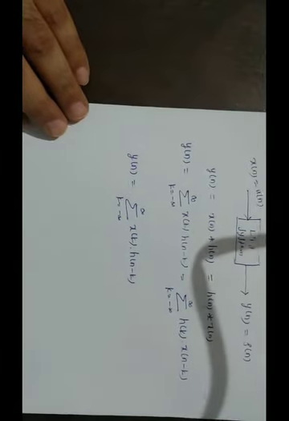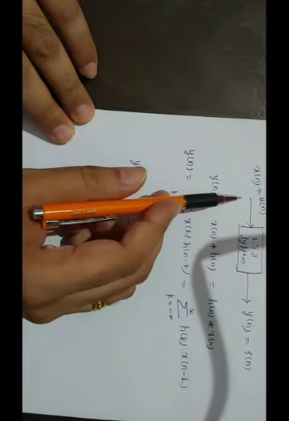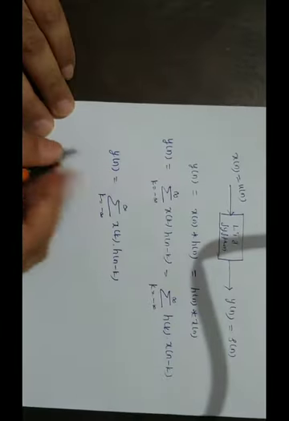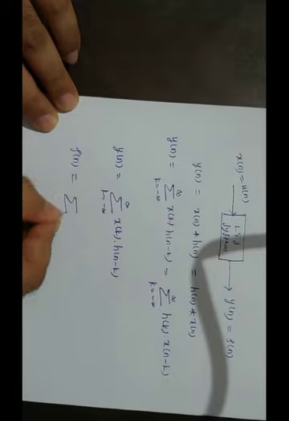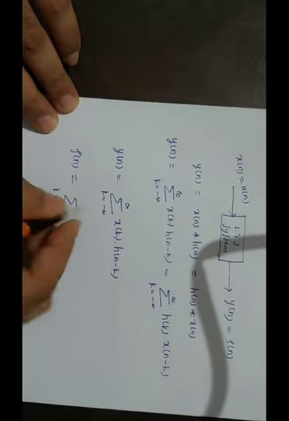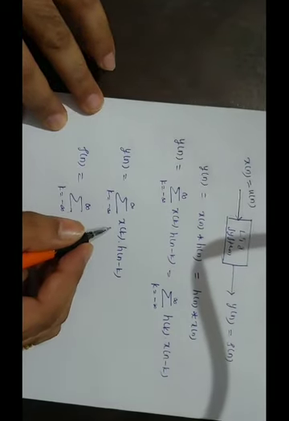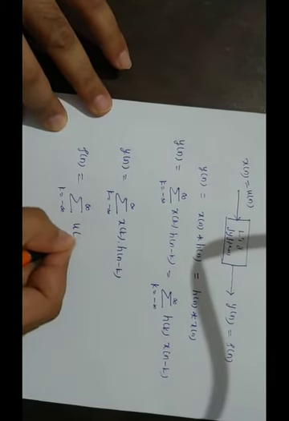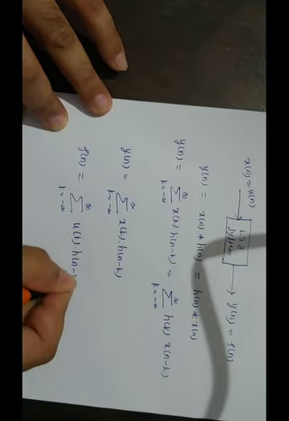Now, when the input is the unit step function, the output is denoted s of n. Therefore s of n equals summation of k equal to minus infinity to infinity u of k into h of n minus k.